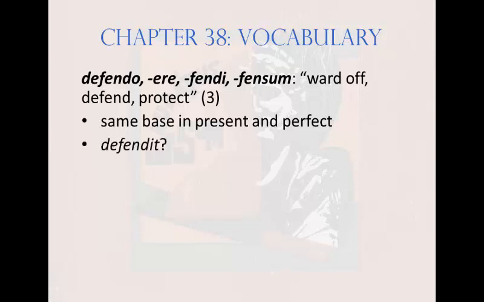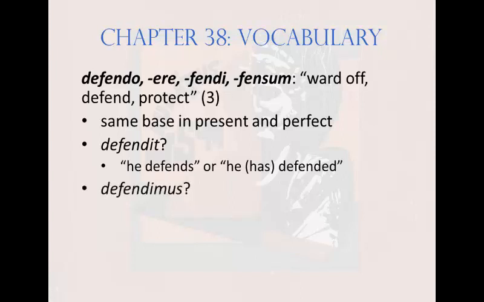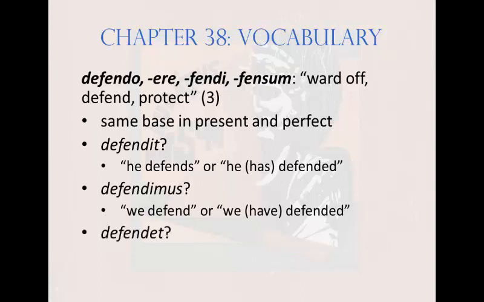Or should I say, what do defendit mean? He defends, or he has defended. And defendimus? We defend, or we have defended. So what about defendet? What does E mean in third? I know you know this by now, come on. It's future. So, he will defend.